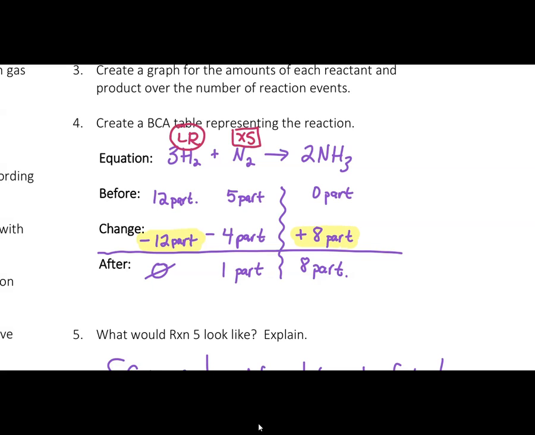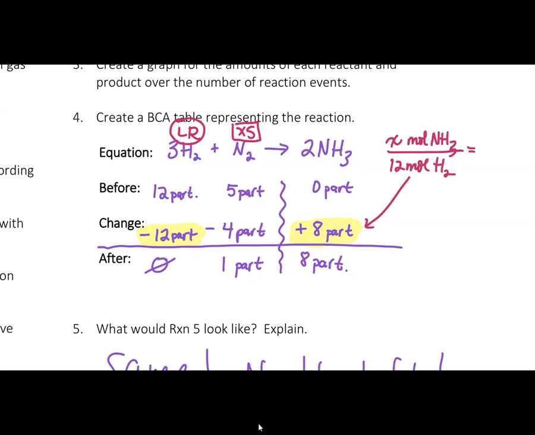If we didn't already know from our particle diagram, we could figure out how much change occurs using a ratio. So we could say how many moles, really, of NH3 are going to be used when 12 moles of hydrogen are used, if we know from our reaction that 2 moles of ammonia form every time 3 moles of hydrogen are used.